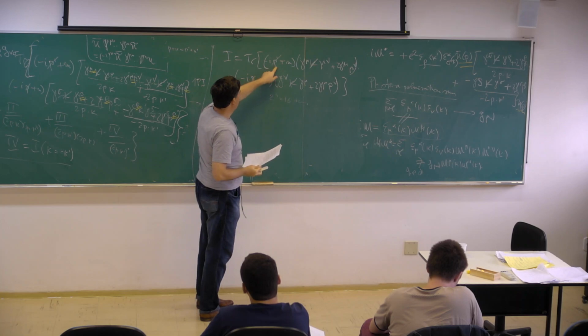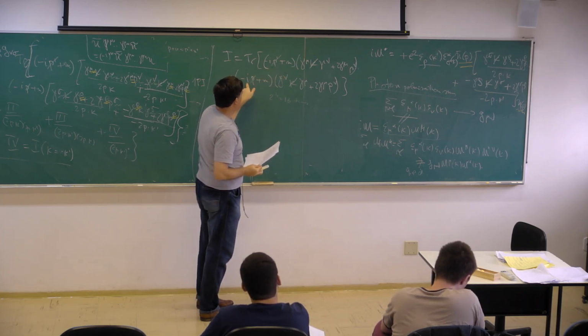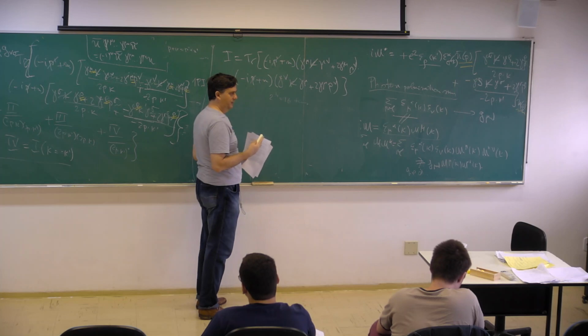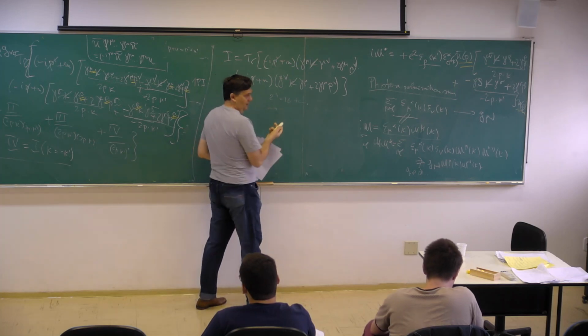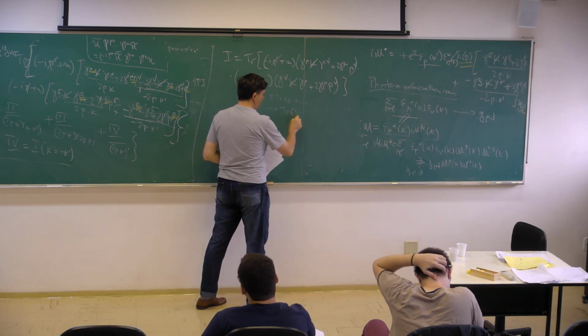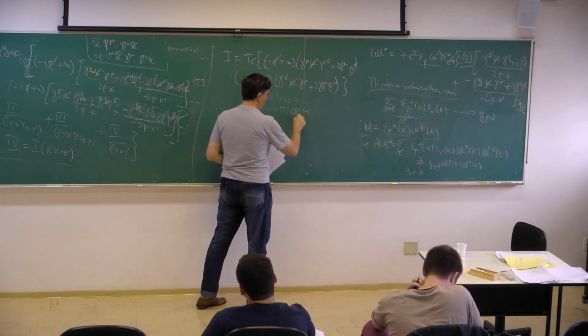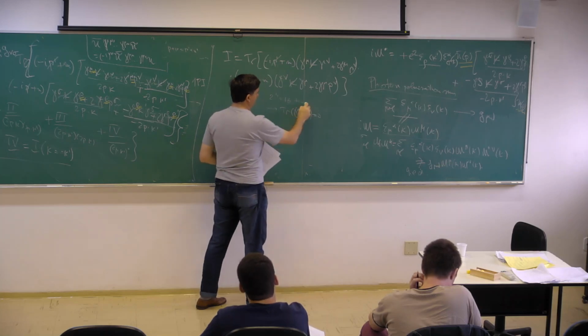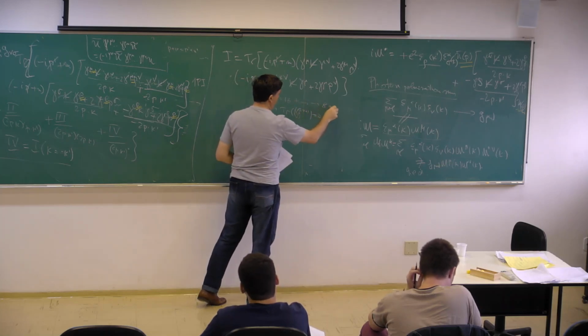So because of this and of this, half the terms have an even number of gammas and half have an odd number of gammas. The odd number of gammas gives the trace 0. So that means from this we have 8 non-zero terms.